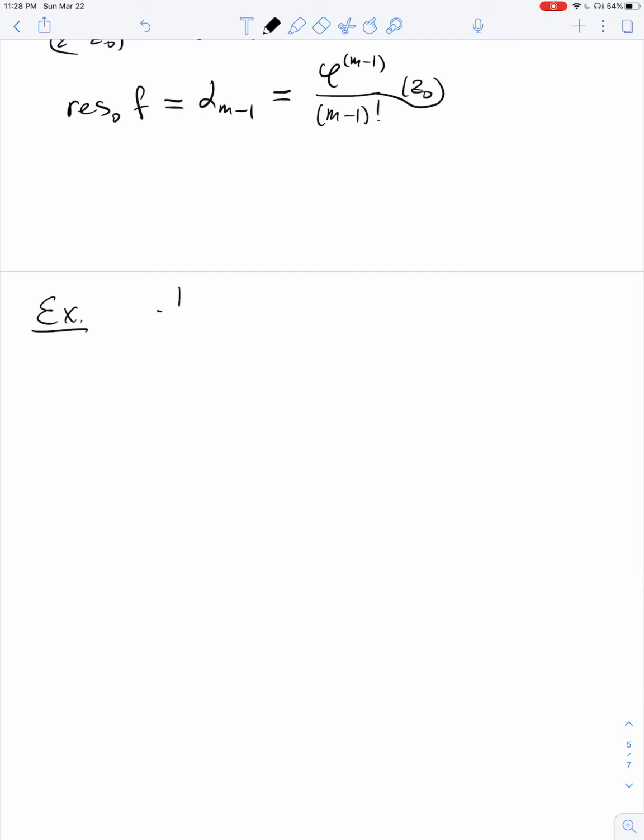So here's an example. Let's do 1 over z squared plus 1. Before I told you that the residue at infinity is easier. Well, now we can easily do residue at i, for example. So that's f of z, which is equal to 1 divided by z minus i times z plus i.